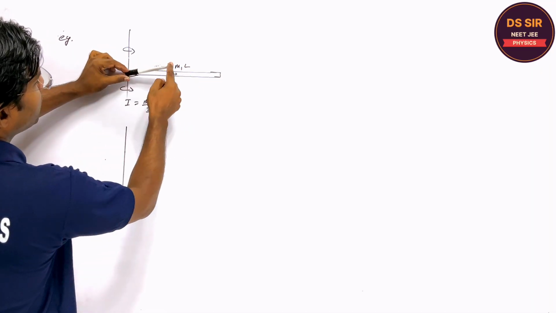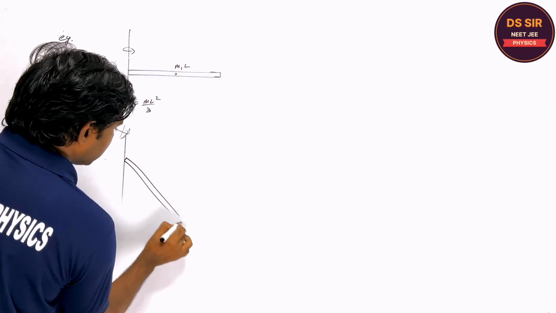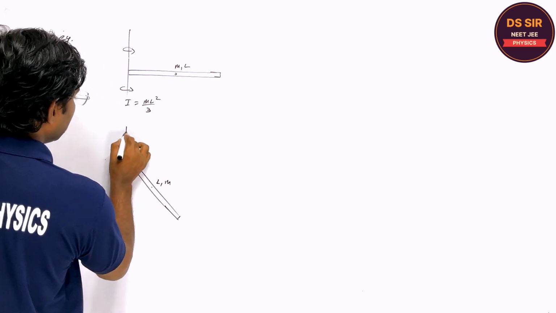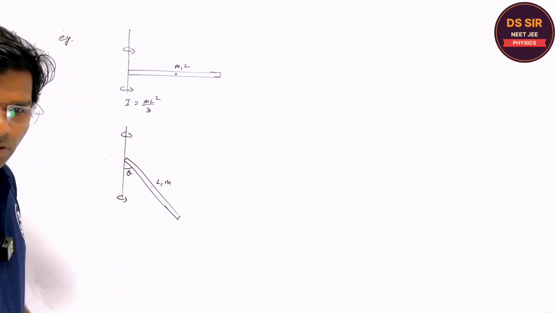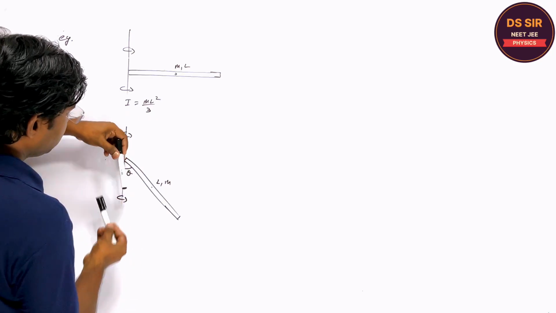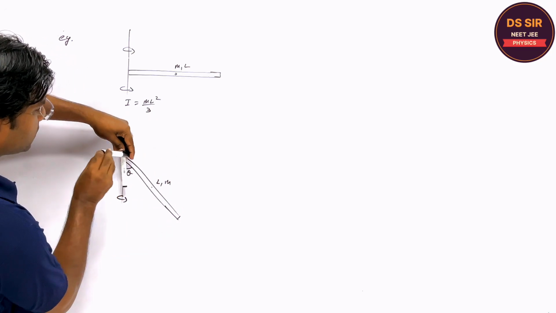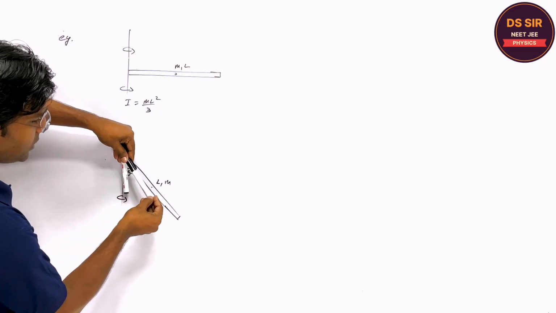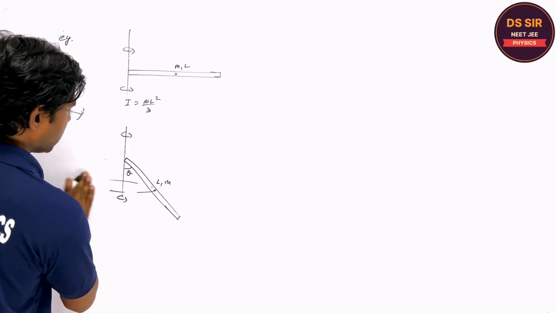Now, if this rod is tilted by some angle like this, the length L, mass m, angle is theta. This is the axis of rotation and this is the rod. Initially the rod was rotated like this. Now the rod is rotated like this. Do you understand this thing or not? It is rotating in this triangle like this.